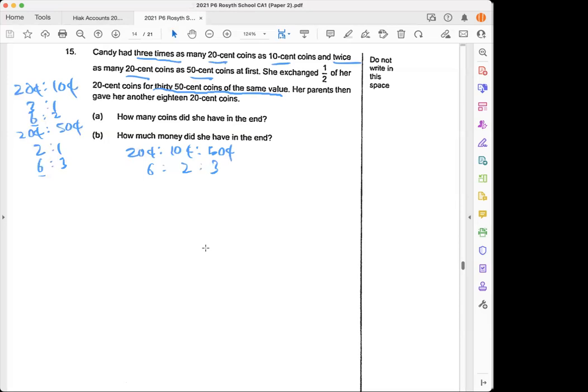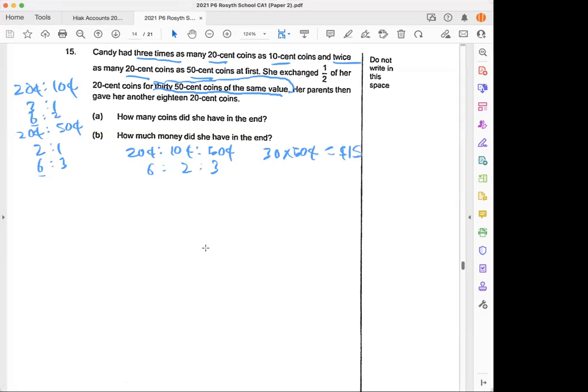Now, the next statement. 30 50-cent coins of the same value. So what's the value of 30 50-cent coins? The value of 30 50-cent coins is 30 times 50 cents. The value of that is equal to $15.